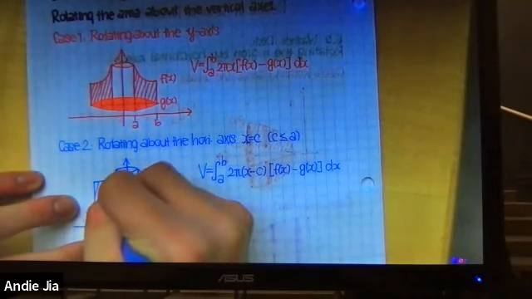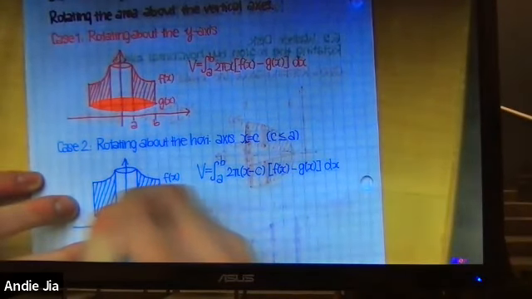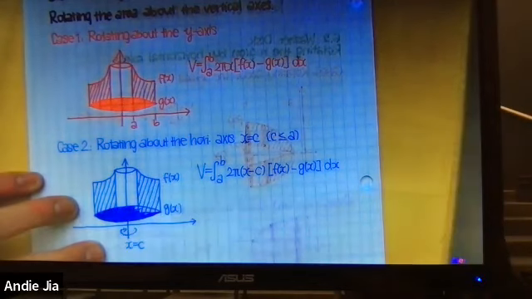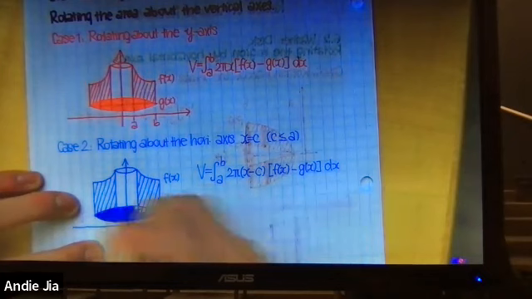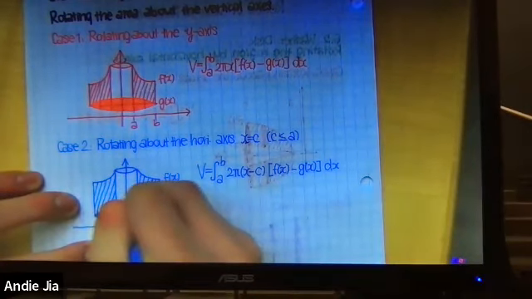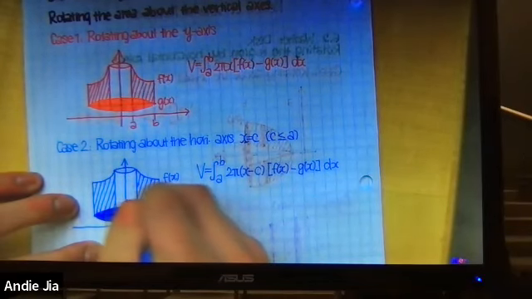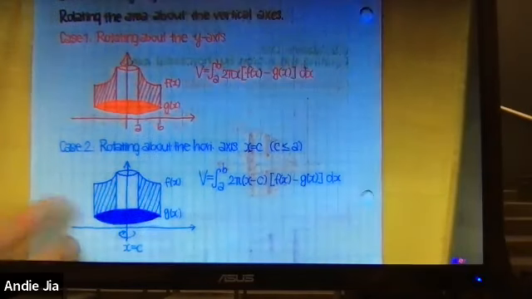Apologize for spending too much time on coloring this region, but it's basically the same thing, just changing the radius, a 2 pi x instead of a 2 pi x minus c. The shell here changes.